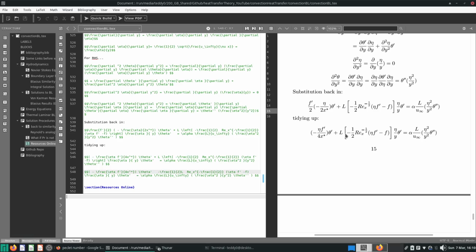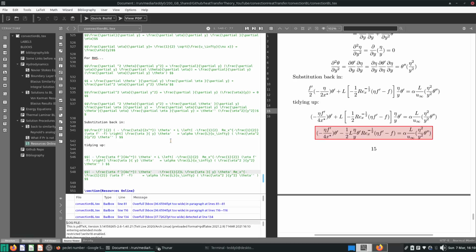Let's bring the L in. And eta over y theta prime, we bring it to the front as well. Now it does look a bit messy still. Yes, it does look very messy.